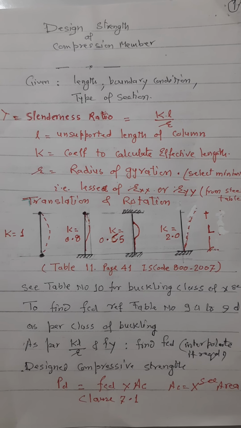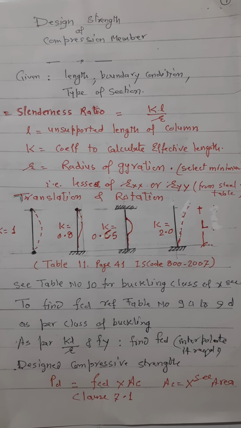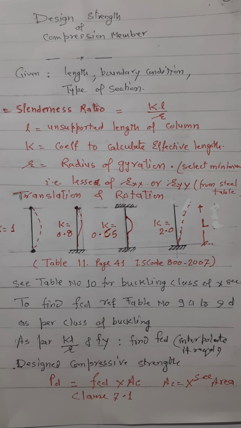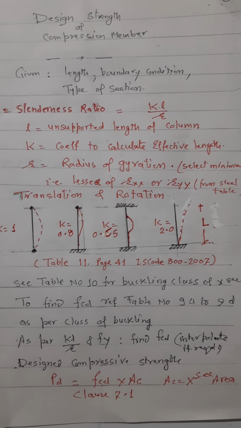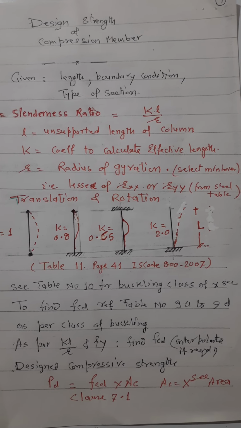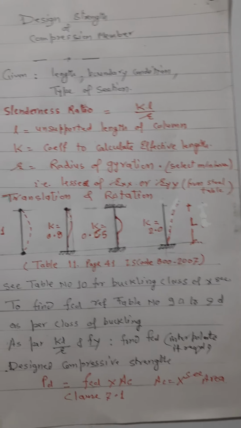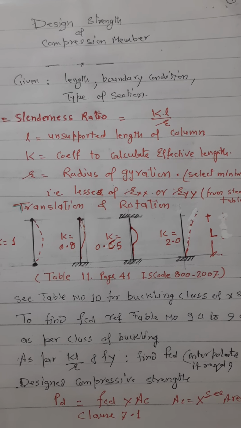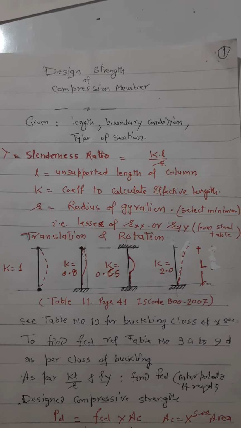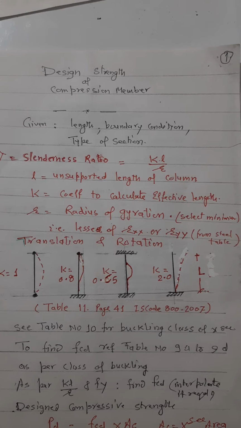That unsupported length is to be multiplied by some constant depending upon various boundary conditions at the ends of the column, and that can be seen through IS code 800-2007, given in table number 11. You just go through table number 11 and you will find four conditions are given.